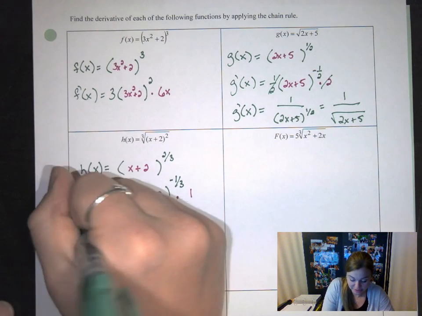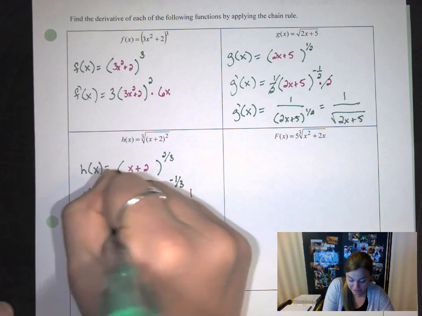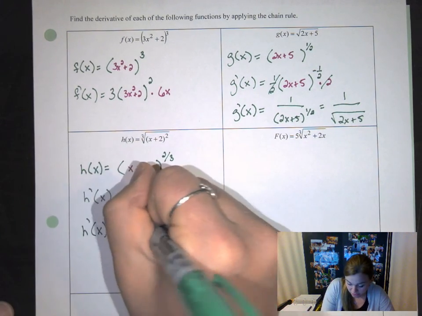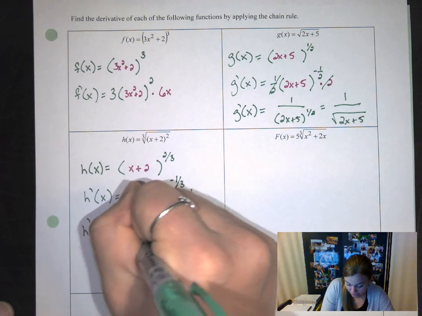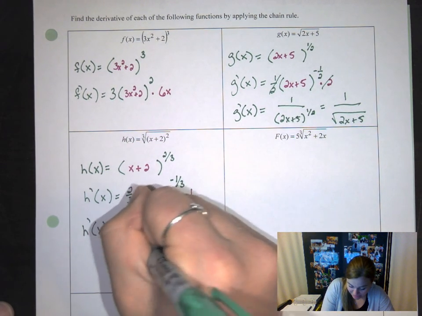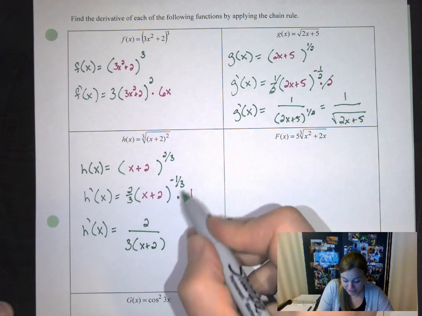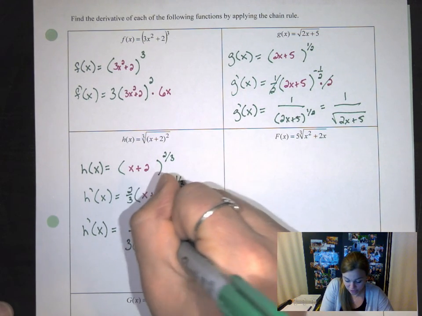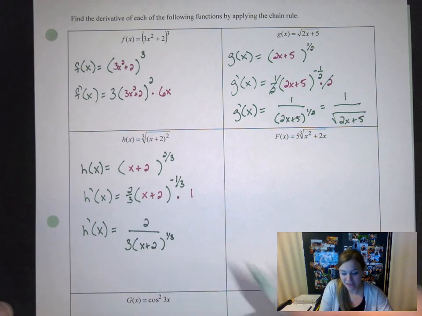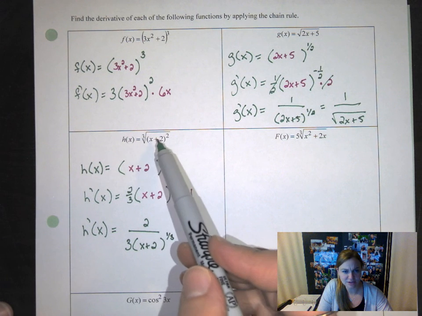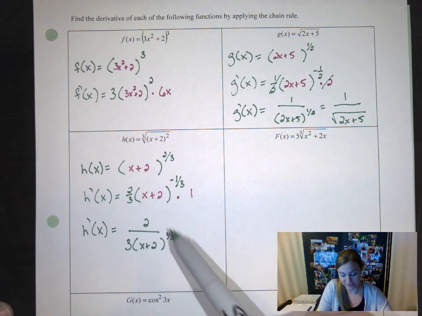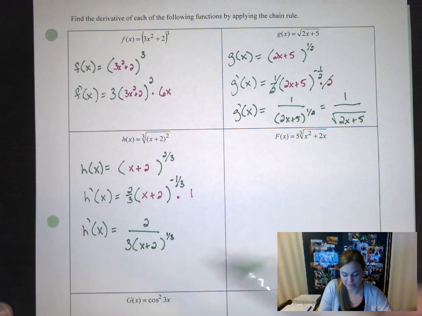I'm going to rewrite this only so that I don't have a negative exponent. So I've got 2 over 3 x plus 2. And because this is going to be the positive 1/3, I could have written the cube root. I actually prefer to leave it like this if I'm doing cubed roots, just so I'm not confused of like, is this a coefficient or an exponent, or what is this out in front? So I'm just writing x plus 2 to the 1/3.